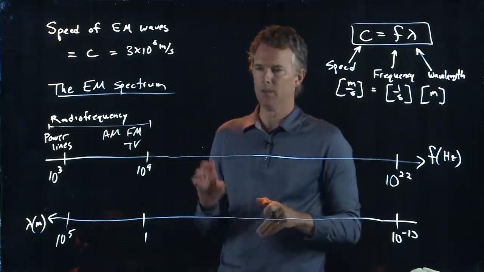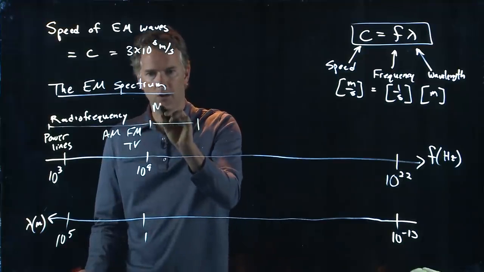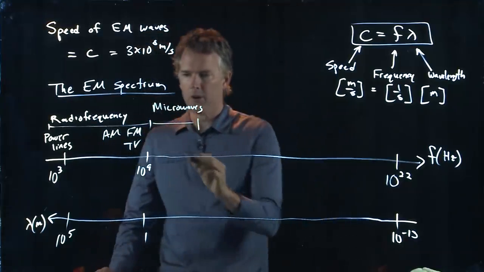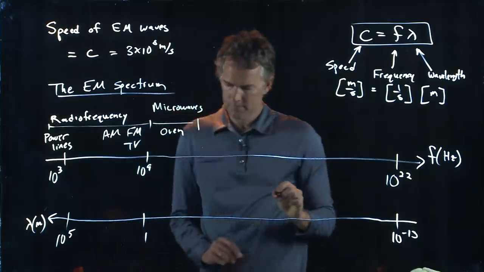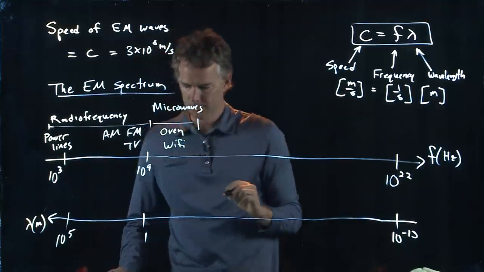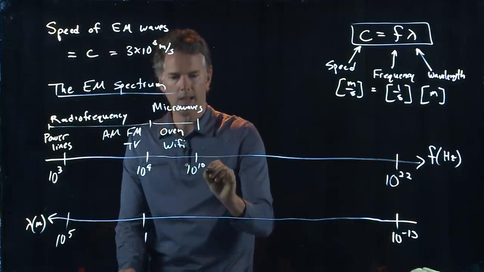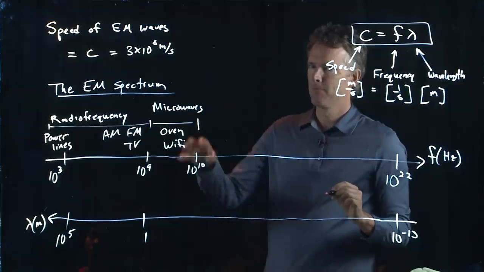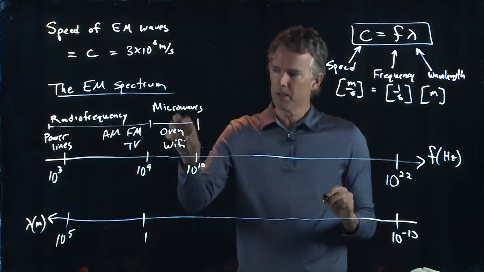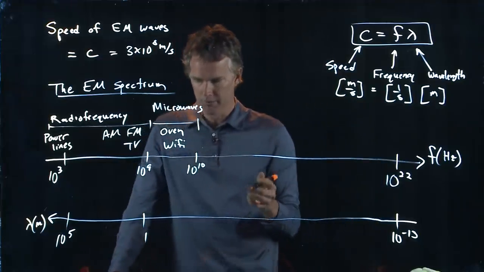Okay, these are all operating in the radio frequency. The next region is called microwaves. And microwaves are, of course, like your microwave oven, but also your Wi-Fi signals. And this is going to go up to on the order of 10 to the 10 or 10 to the 11. Okay. So this is what we talked about in class. People were a little concerned about cellular phones and Wi-Fi signals because it's really close to the same frequencies that you use for your microwave oven to heat your food.